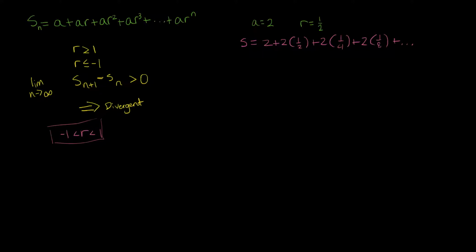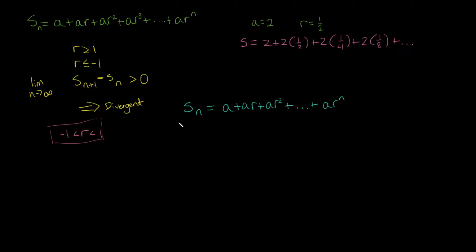But given this, what can we do? Well, let's begin by writing out our partial sum. S of n equals a plus ar plus ar squared plus, and on and on until we get ar to the n. And now we're going to perform a trick.